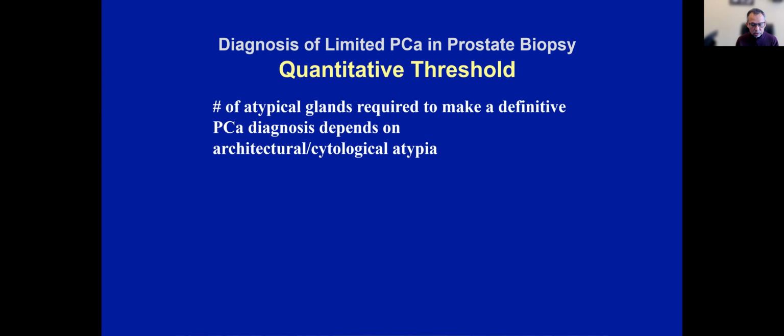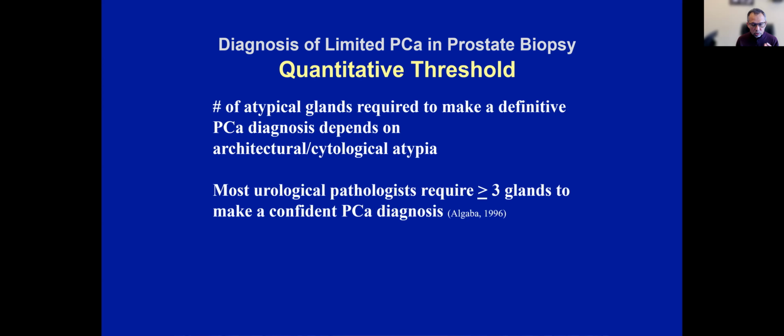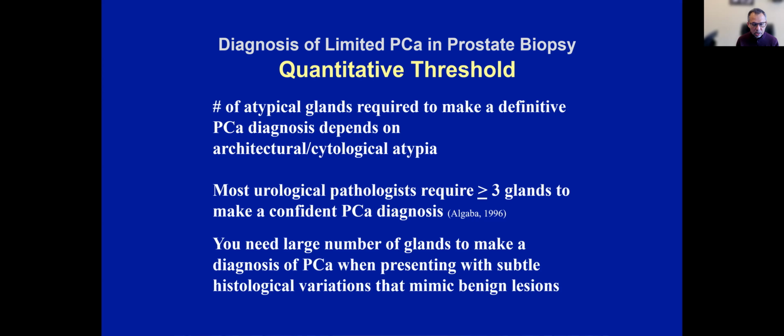It would also depend on the age of the patient. If you see it in a younger patient, I would require more glands. If the glands have those more deceptive features of foamy gland, PIN-like, pseudohyperplastic, or atrophic, then you need a lot more glands to make a confident diagnosis of cancer. But in a conventional situation, most urologic pathologists require at least 3 glands to make a confident diagnosis of cancer.